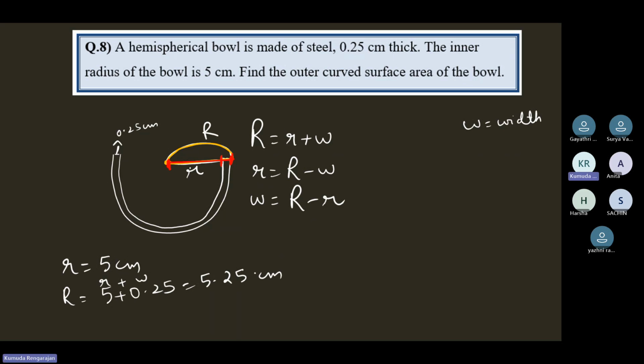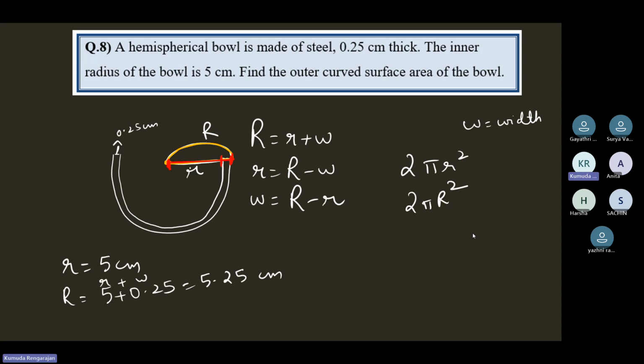See, the curved surface area of a hemisphere is given by the formula 2 pi r square. If you have to find the inner curved surface area, then it is 2 pi small r square. Outer curved surface area is 2 pi capital R square. Curved surface area formula is 2 into pi into radius square.